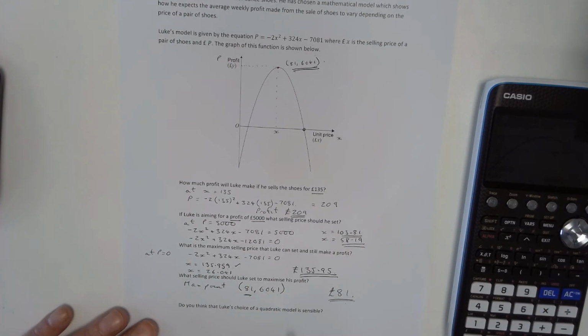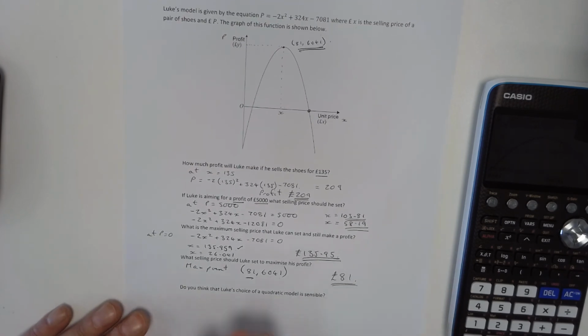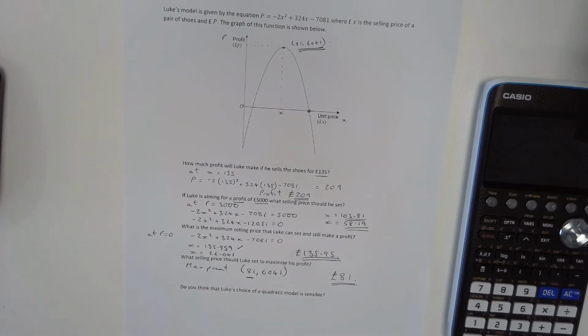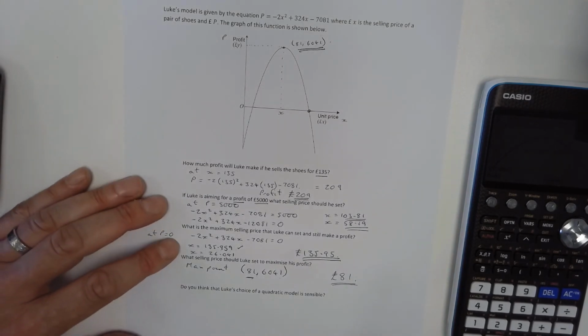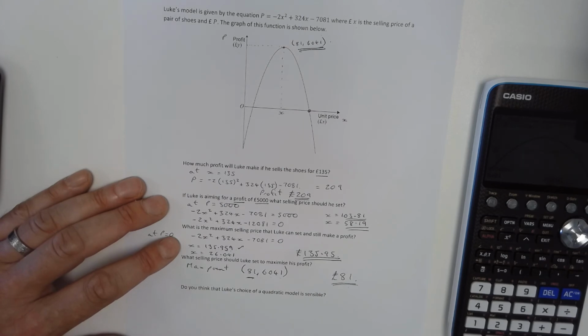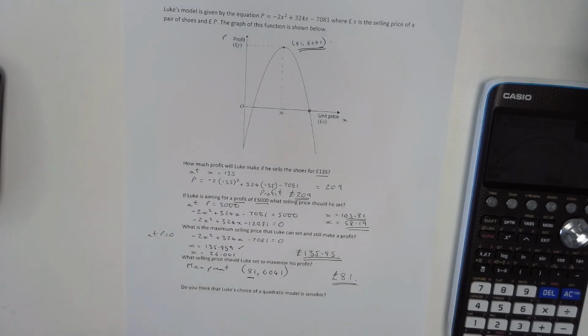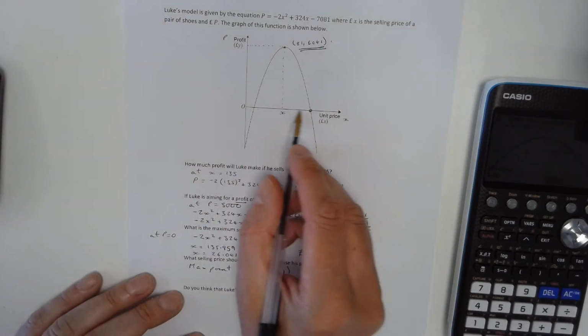Okay, so finally we have this understanding question. Do you think Luke's choice of a quadratic model is sensible? And I think this is a difficult one, isn't it? Because it just takes a little bit of common sense and understanding. Now suppose we're buying some shoes for a certain value, and we sell them for a different value, so this is our selling price.